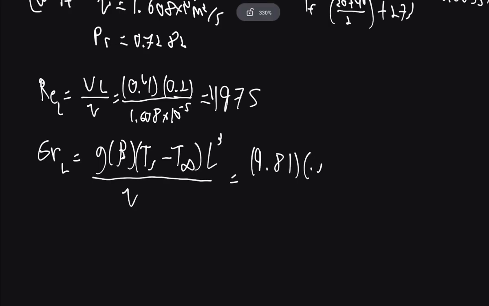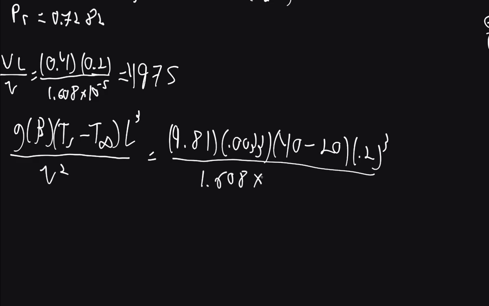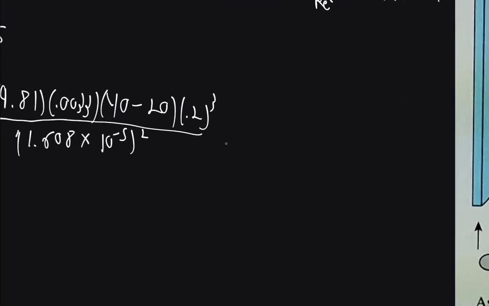Beta we just calculated earlier. The temperature difference, 40 minus 20. The length we said was 0.2 cubed. And the kinematic viscosity squared, which we just established. I forgot the 10 to the negative 5th for that. Be sure to square this entire thing, not just the 10 to the negative 5th, because then you will get the wrong answer. We calculate the Grashof number now. We get 2.003 times 10 to the 7th.